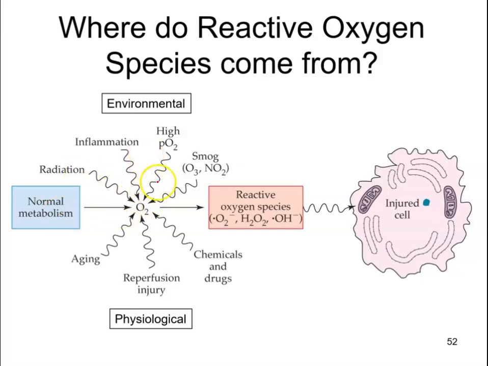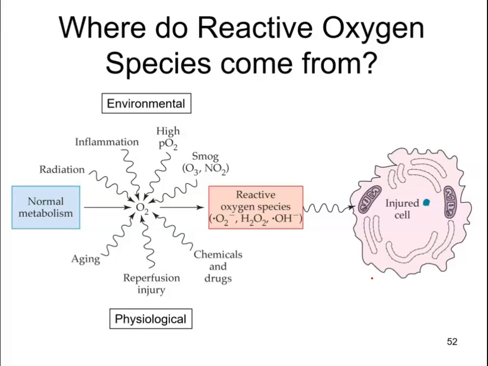This is what can happen when we have too much O2. And these reactive oxygen species that I showed you on the last page can cause cell injury and kill cells and cause cancers and other issues.